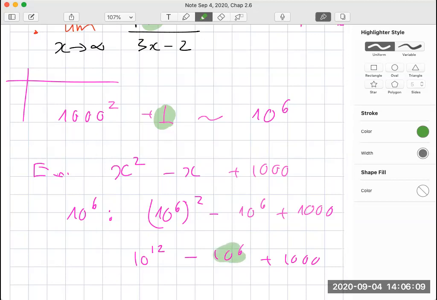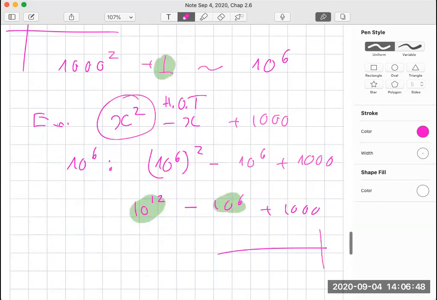However, 10 to the 12 is much bigger. So this guy plays a role. It is a big boss here, big brother right here. So what we care about is the big guy. So the highest order of this one should be this one, the x with the highest power. Is it okay? Then if we take the square root of that, it's still this one, but with a square root. So this is just some explanation.